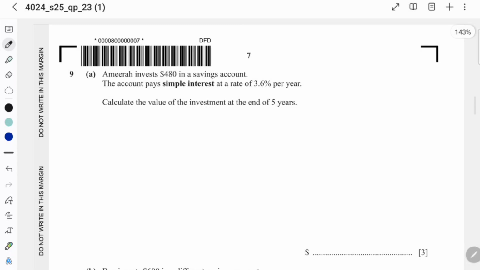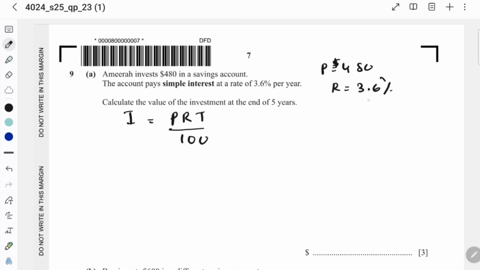Amira invests 480 in a saving account. The account pays simple interest at the rate of 3.6% per year. Calculate the value of the investment at the end of 5 years. Simple interest. Okay, so interest I equals PRT upon 100, where the principal is $480 and the rate is 3.6% per year and the number of years is 5 years.